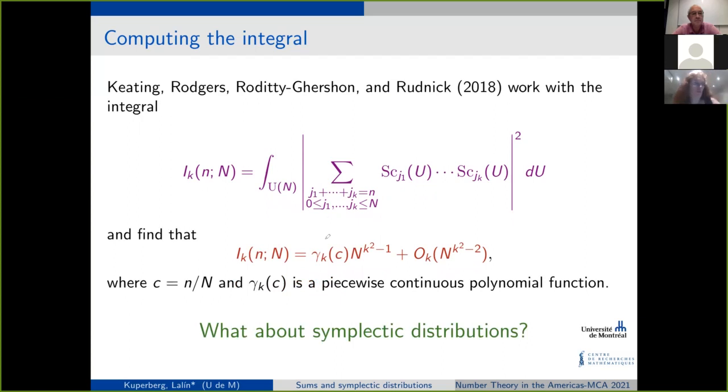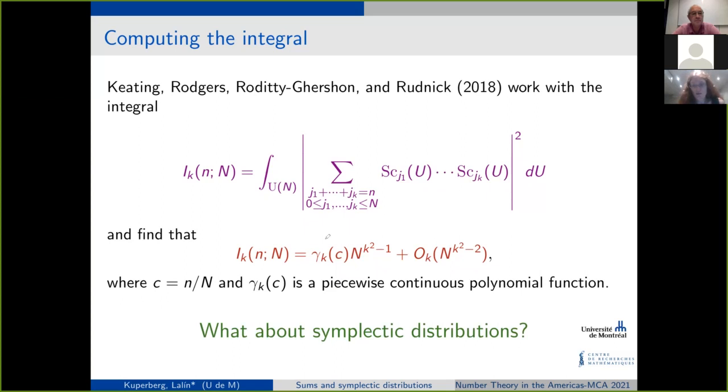So the question we started with was, what about symplectic distributions? Let me give you a bit of context here. Both Cooper and I are part of a group at the American Institute of Mathematics, where we are discussing these gamma_k's, the symplectic version, from different points of view.